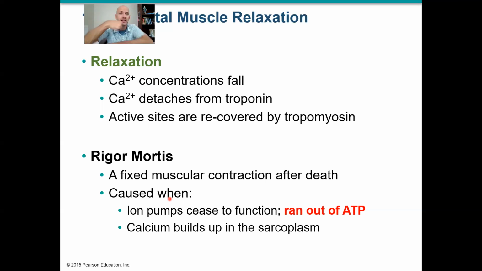If you have no ATP, that myosin head stays connected, and the muscle gets really tough and immovable. That's why a dead body becomes very stiff. That stiffness of the muscle and the joints is because there's no ATP to release and return to a resting state. So that's called rigor mortis.